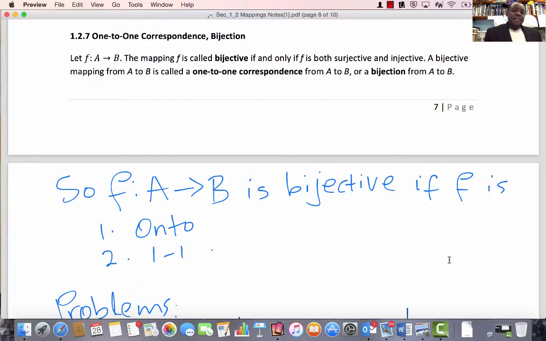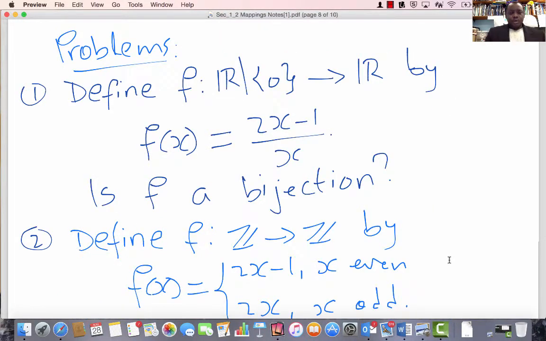If f is a mapping from A to B, A and B non-empty, then the mapping f is said to be bijective if and only if it is both surjective and injective. It is one-to-one and it is onto. So the function we just saw in the last example was not bijective because it was one-to-one, but it was not onto. Look at problem number 1.